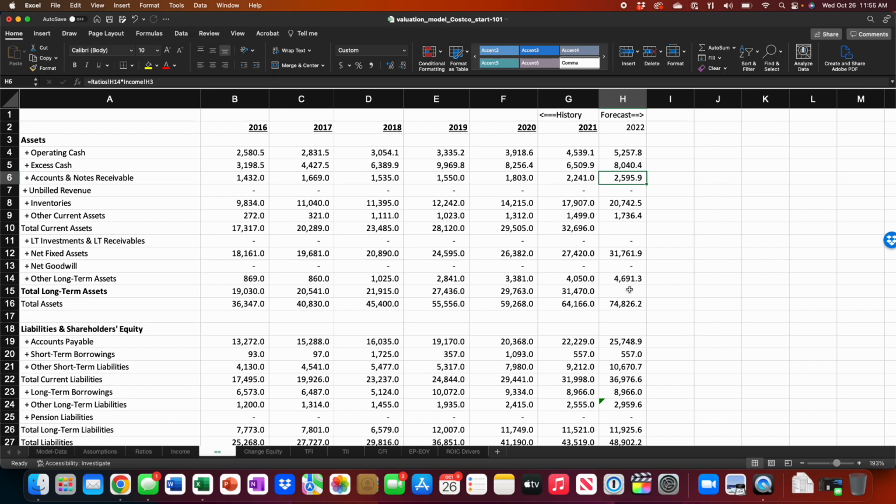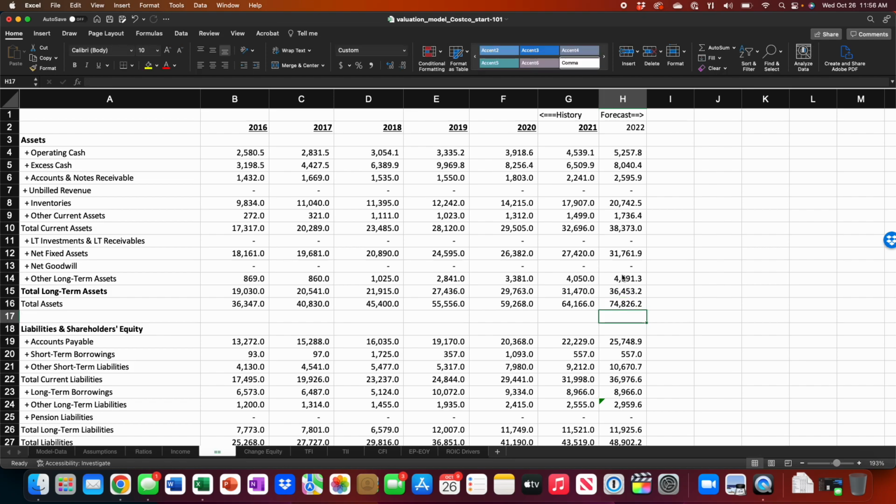All right, so now if I sum this up, I can take my total current assets, which is H10, and add everything above it, equals sum from H4 all the way down through H9. For my long-term assets, I can sum from H11 all the way down to H14.